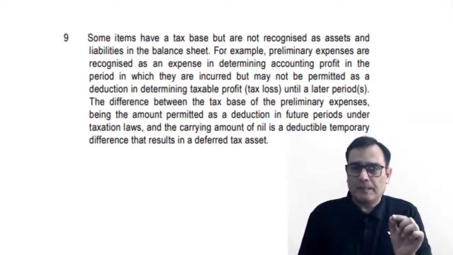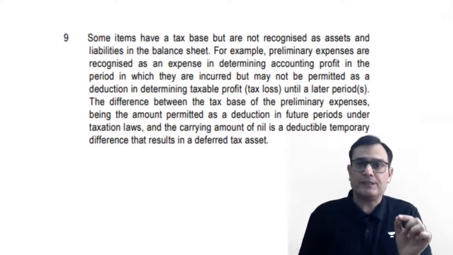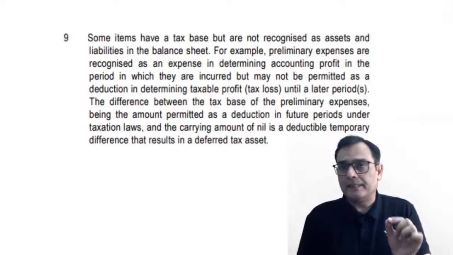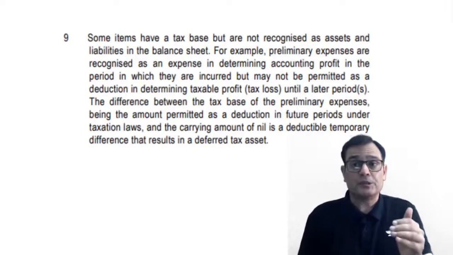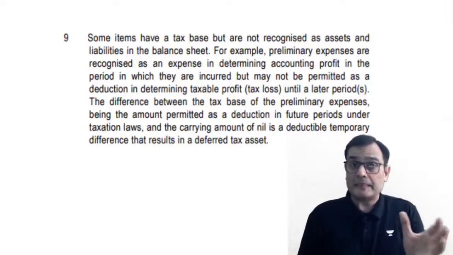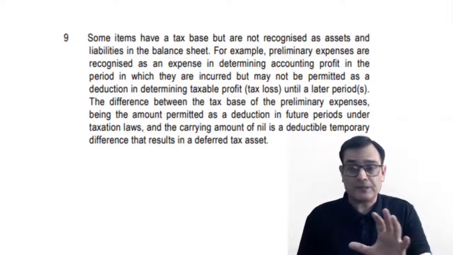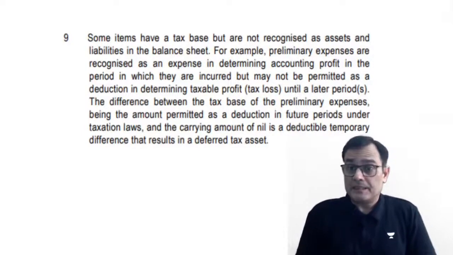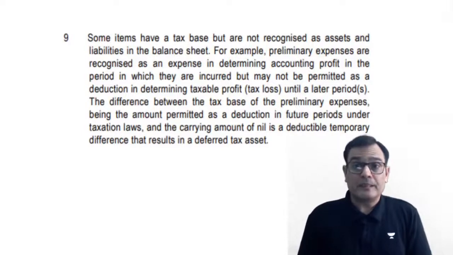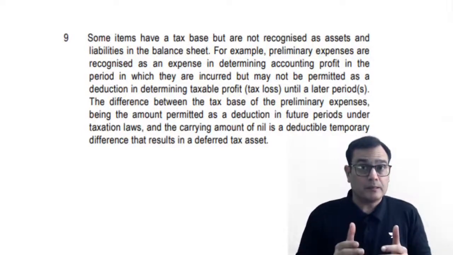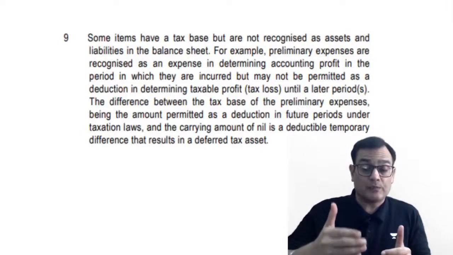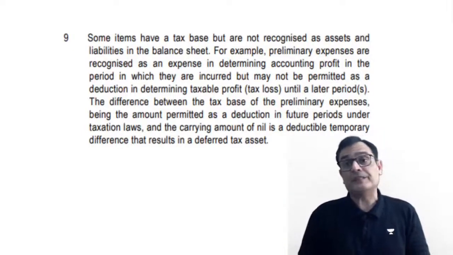It says preliminary expenses are recognized as an expense in determining the accounting period in which they are incurred, because Ind AS 38 tells you to take the expense immediately. But it says it may not be permitted as a deduction until a later period. So section 35D would allow the expense to be taken 1/5 every year.